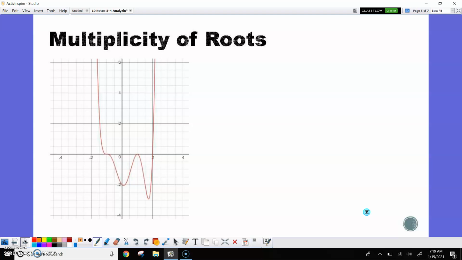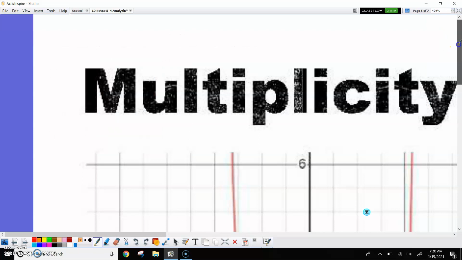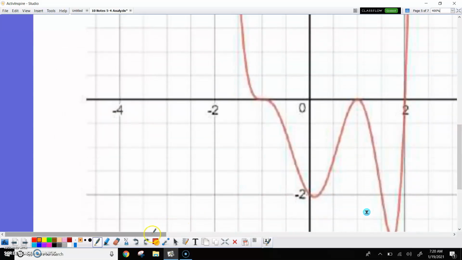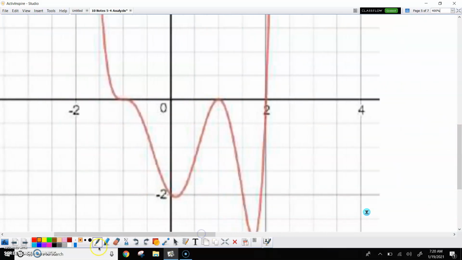Last thing is multiplicity of roots. If you look at the graph here, I'm going to zoom in a little bit. If the graph goes straight through the x-axis, which this point does not, it just bounces. This one does go straight through.